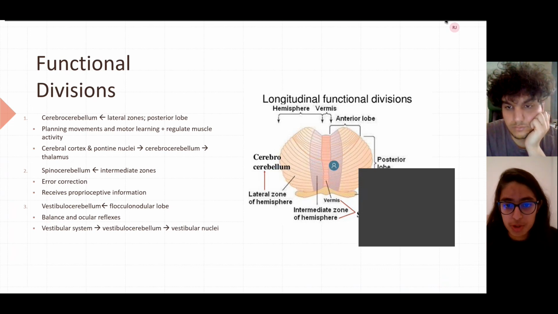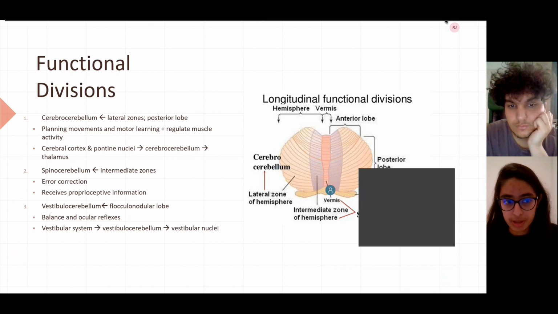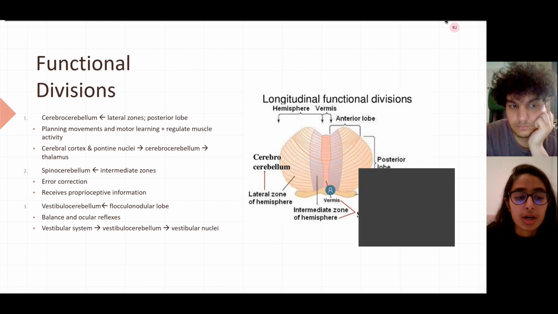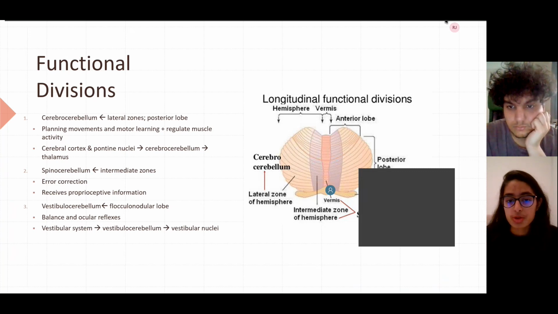Then we have the intermediate zones, which also make up the spinocerebellum. Like the name suggests, again, it receives inputs from your spinal cord, and it's also important for receiving proprioceptive information. So proprioception is essentially the body's ability to sense its position in the surrounding space.